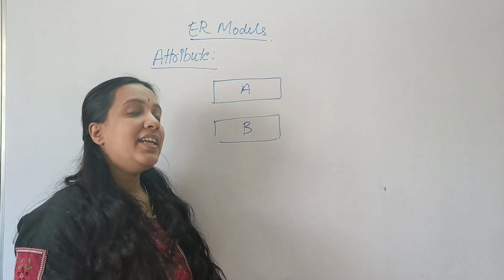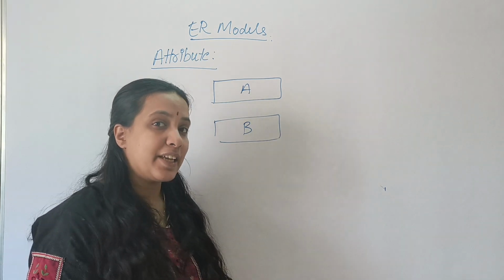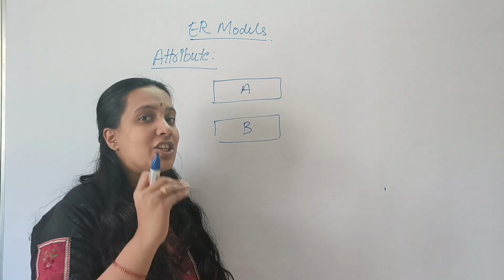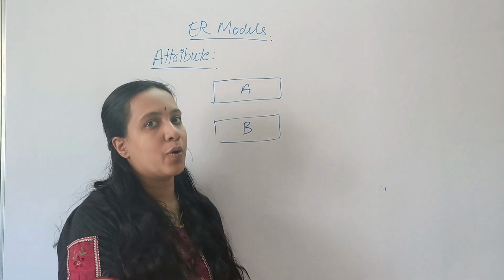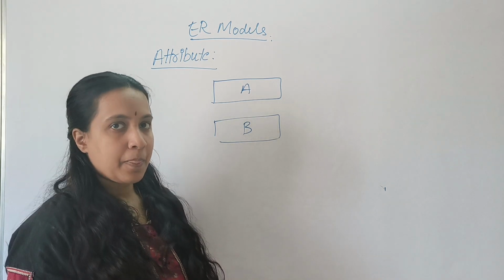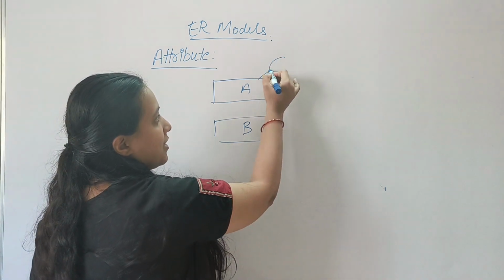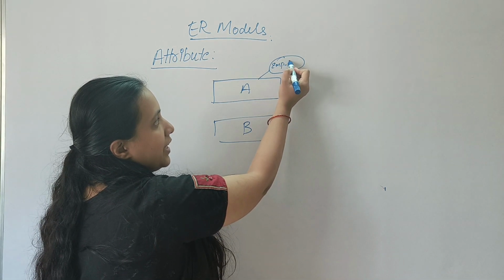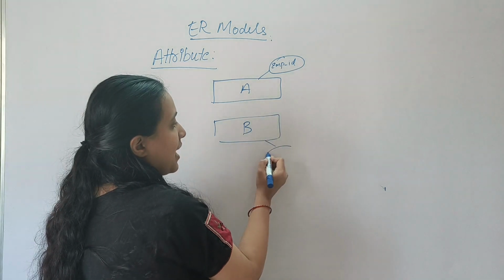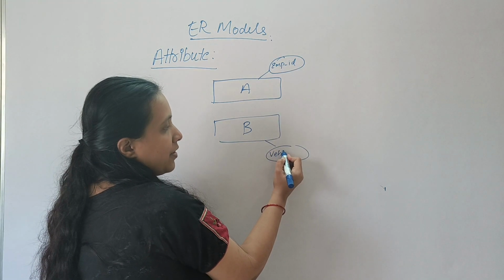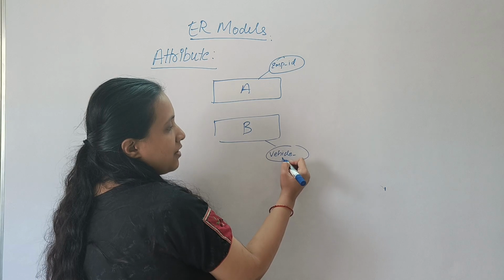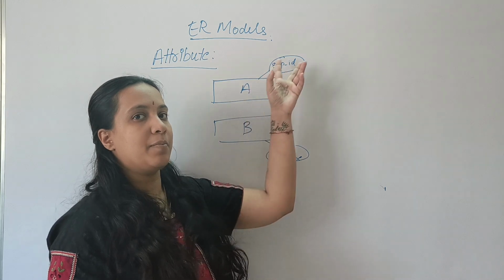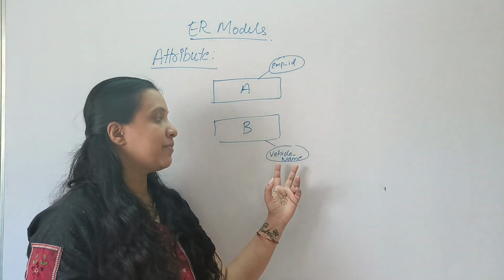I need something which describes or defines or helps me understand more about the entity. That something is called the properties of the entity. If I say this has the property employee ID, and this has the property vehicle name, then I can say this is describing something about the employee and this is describing something about the vehicle.